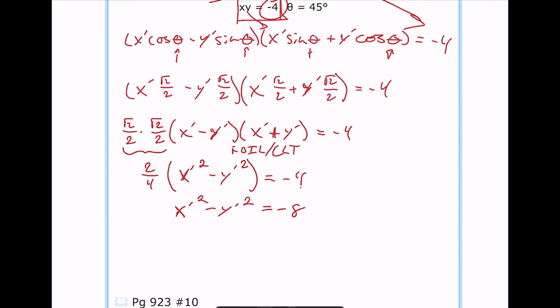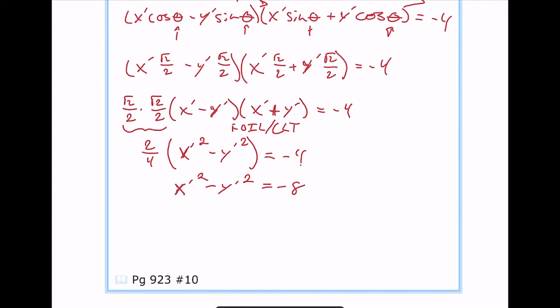Make that x look a little bit more like an x. There we go. And I would like the right-hand side of my equation to equal +1. So I'm going to divide both sides by -8. Now a +1 x prime squared divided by -8 becomes -1/8 x prime squared.